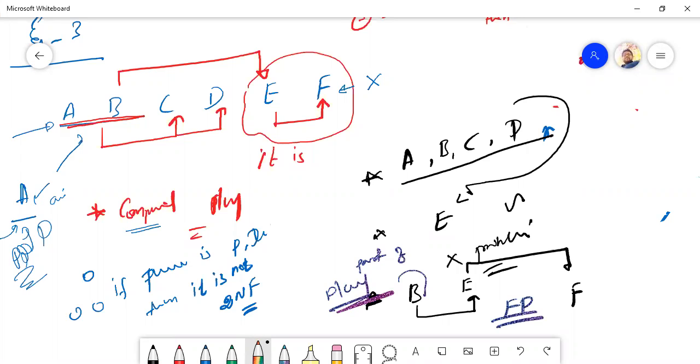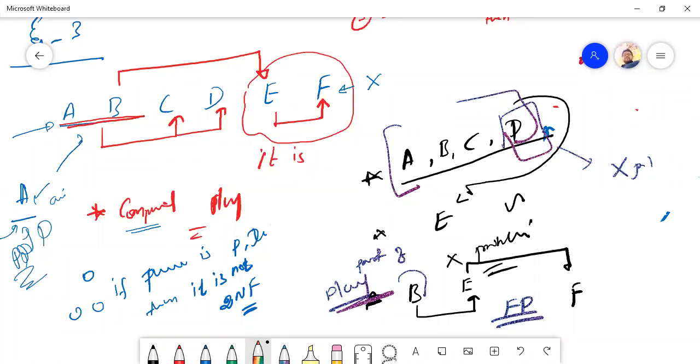If A, B, C, D is a composite primary key and F or some other letter depends only on part of it, that is partial dependency, no problem. For functional dependency, we don't bother about partial dependency. Somehow all the attributes should be connected with the primary key.